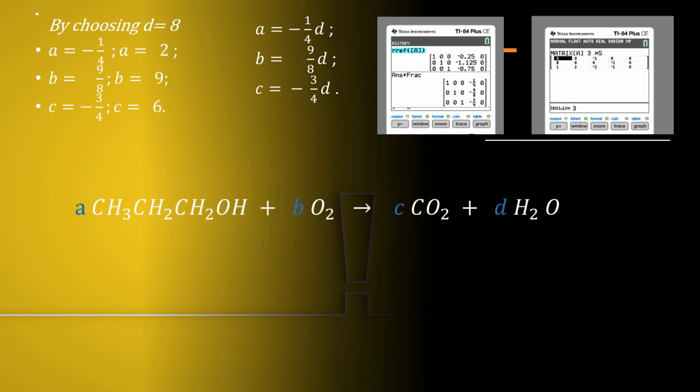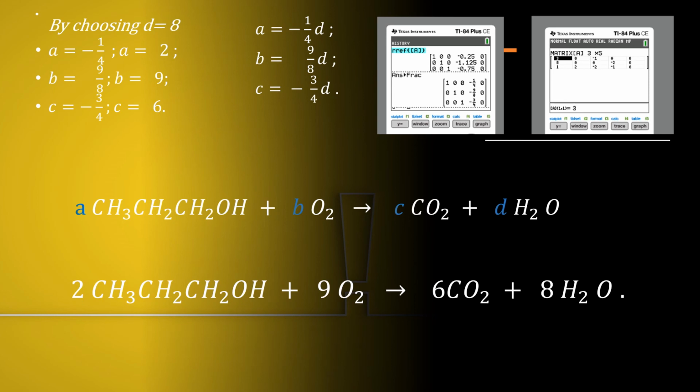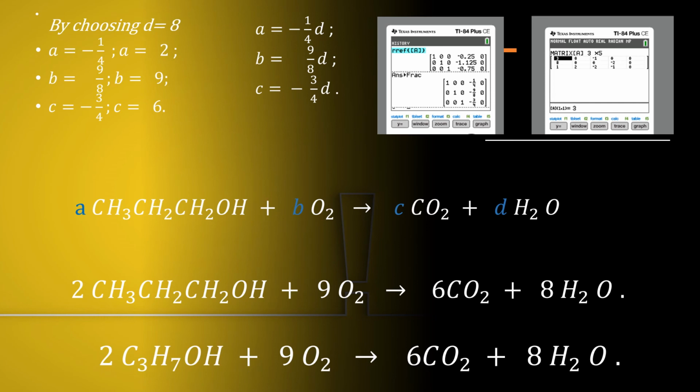So when I substitute those values here, this is what I'm getting: A, B, C, D becomes 2, 9, 6, and 8. But usually instead of writing this as a whole, it's better to reduce this as 2C3H7OH plus 9O2 leads us to 6CO2 plus 8H2O.